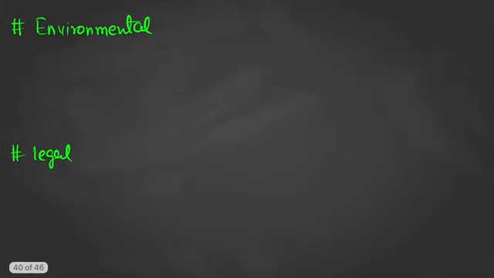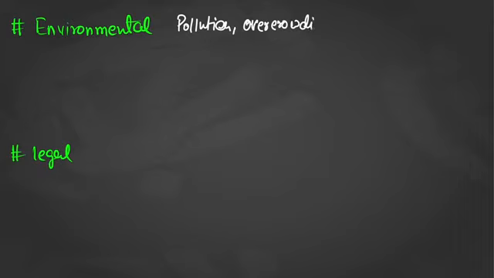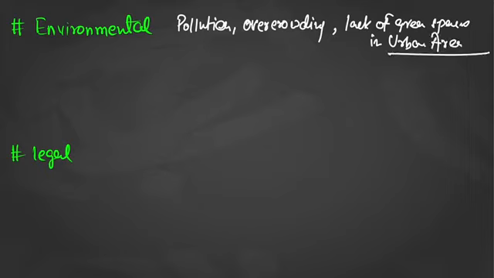Then you can talk about environmental factors, such as pollution. Then you can talk about overcrowding. Then you can also talk about the lack of green spaces, in urban areas. In urban areas, yes or no?